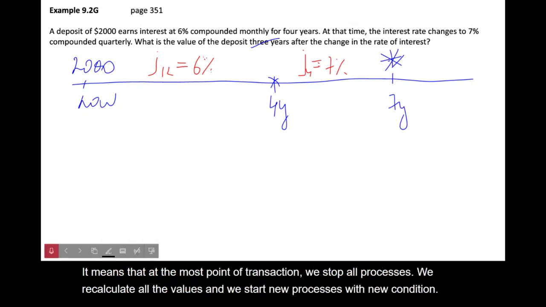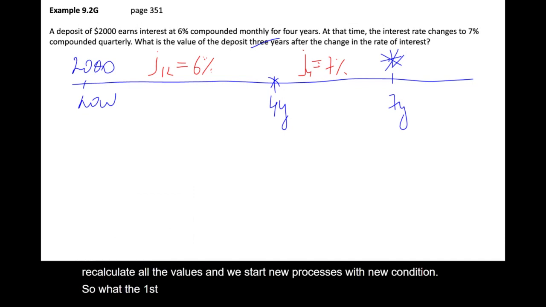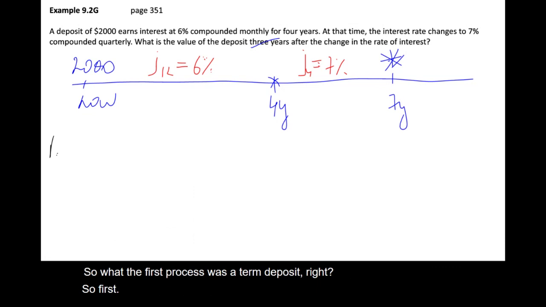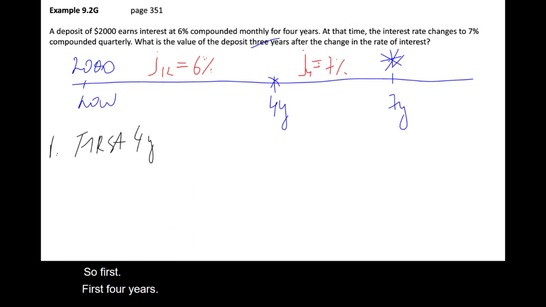So what was the first process? A term deposit, right? So the first 4 years, that's T.